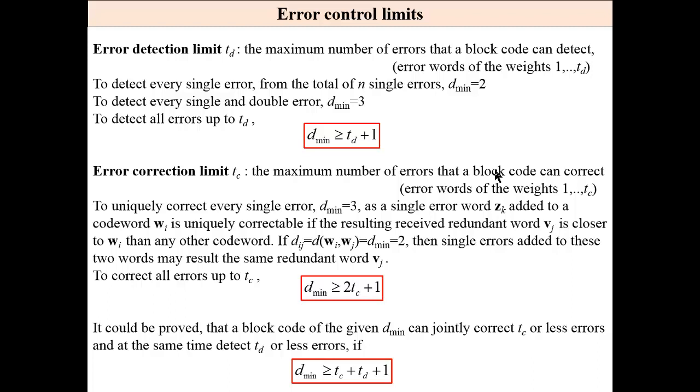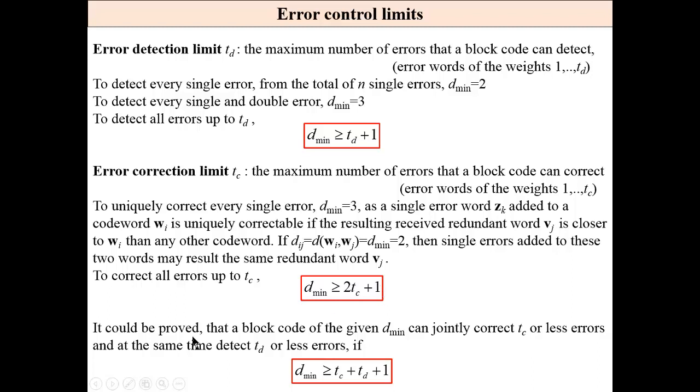If the distance is 2, then single errors added to these 2 words may result in the same redundant word. Then to correct all errors up to T sub C, the minimum distance should be greater or equal to 2 T sub C plus 1.